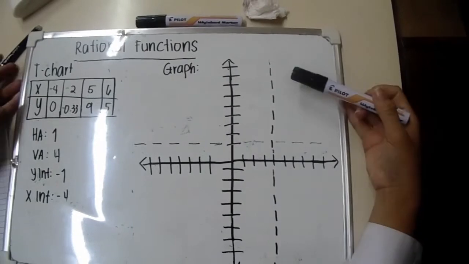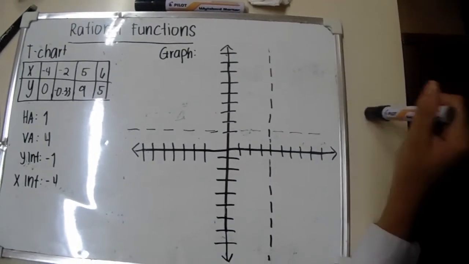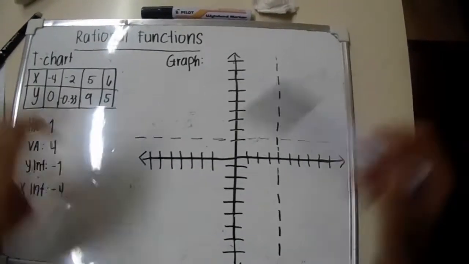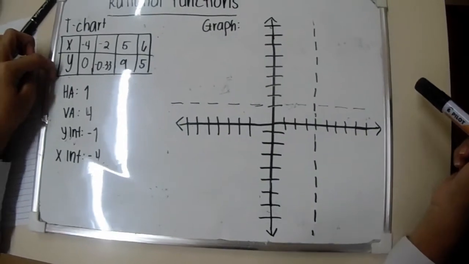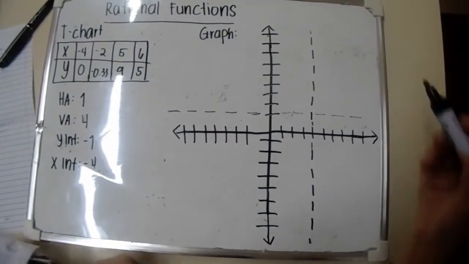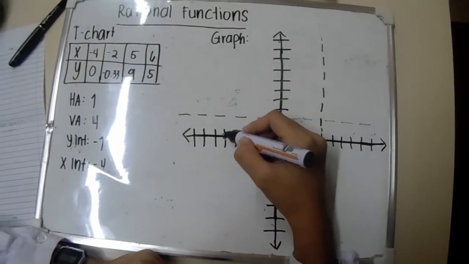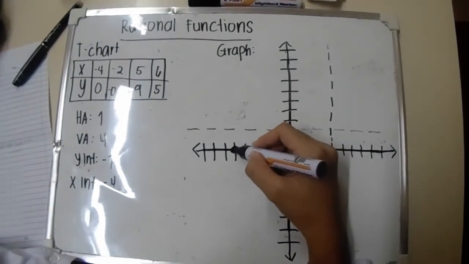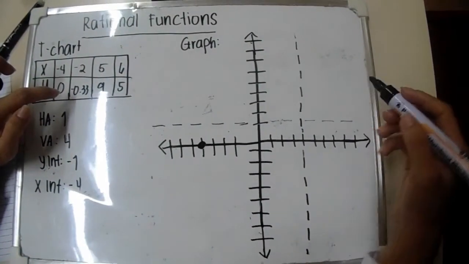After that, you need to plot the numbers on your t-chart. So, negative 4 is your x and y is 0. Negative 4, 0. Negative 2 and negative 0.33.